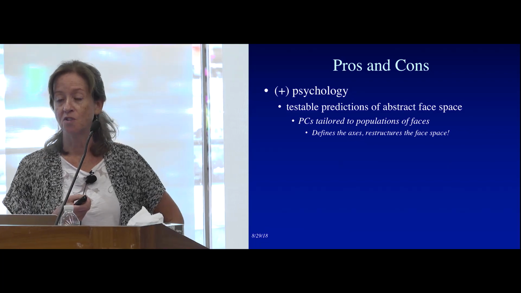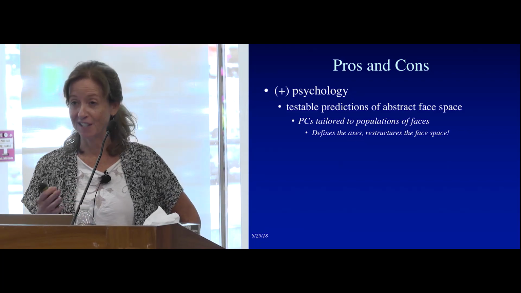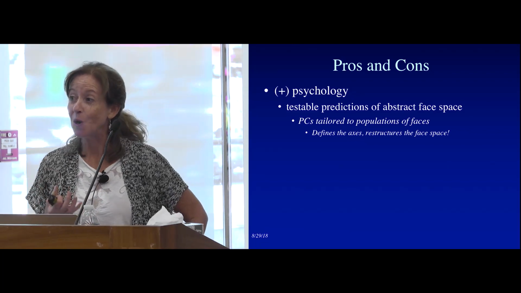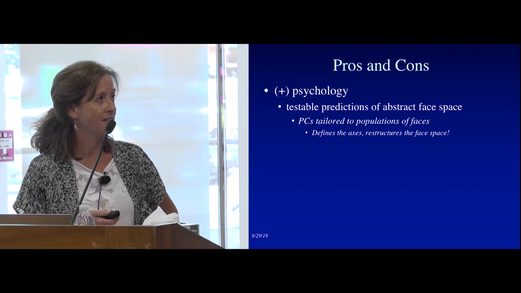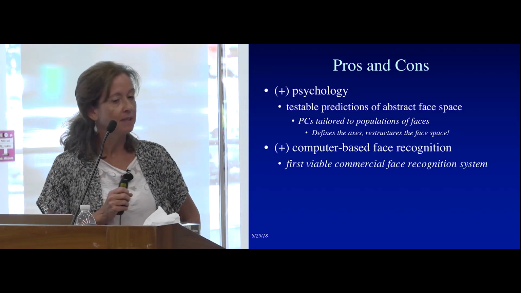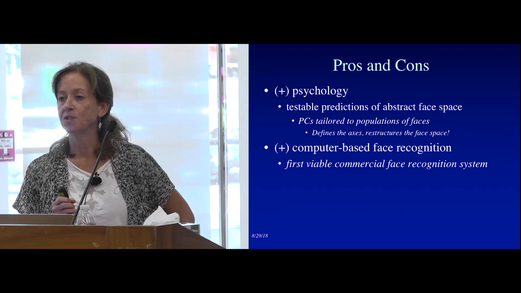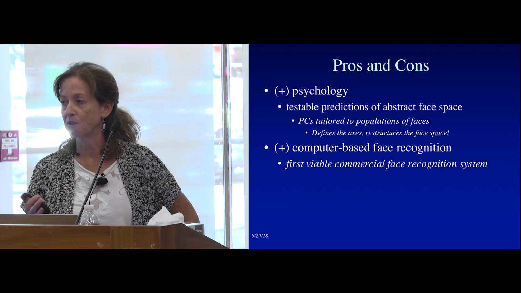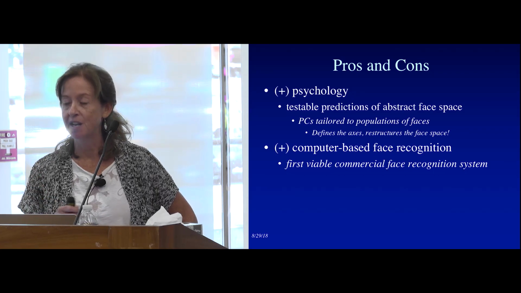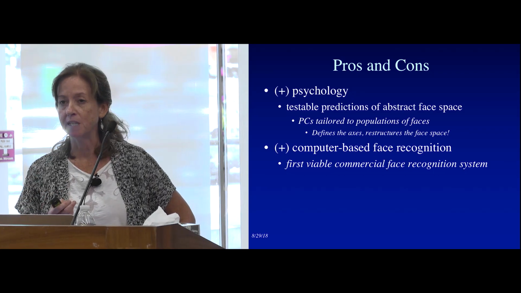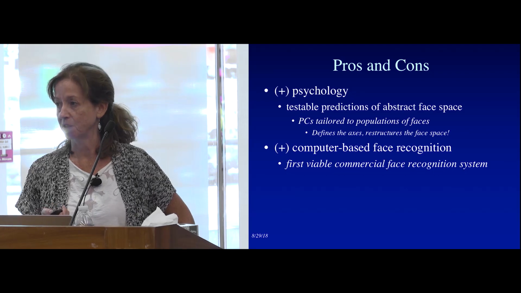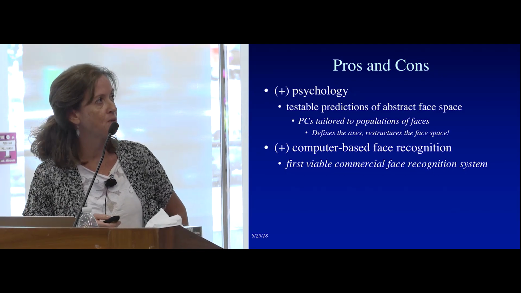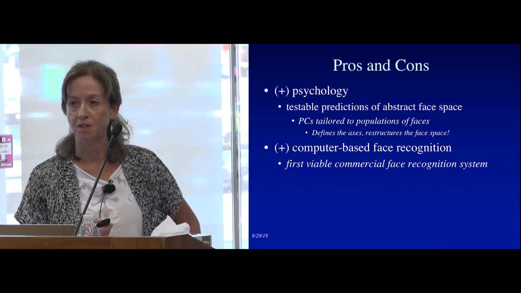And it also was just generally good for research because it gave us lots of things to hold on to, so to speak, in the space. On the computational side, suffice to say that eigenfaces was really the first operational engine of computational face recognition systems. So it was successful both on the psych side and on the computational side.